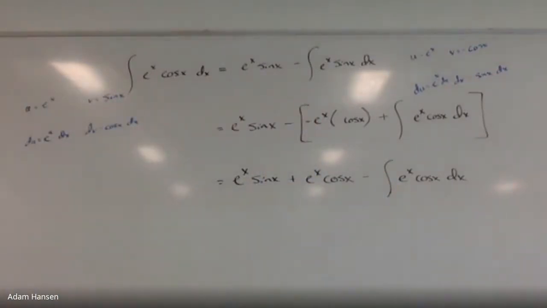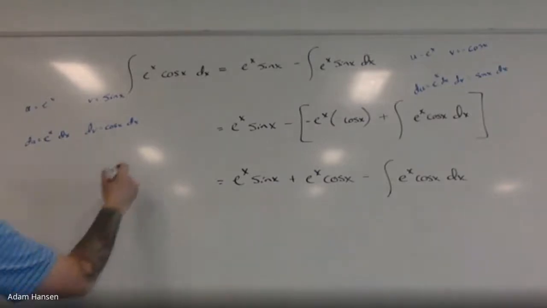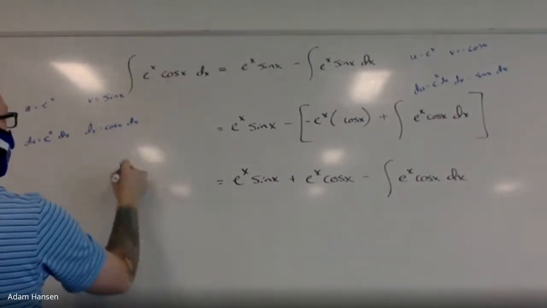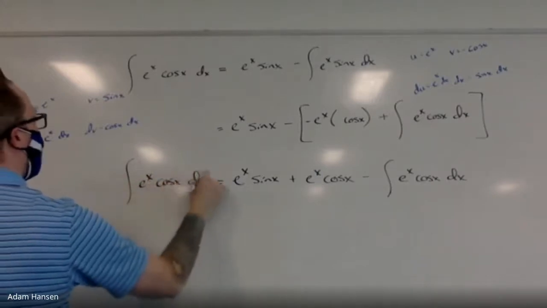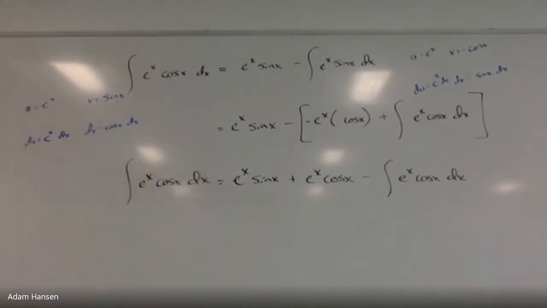Any thoughts before I kind of spoil it for you? Give you a hint: turn it around with what you have from the left. Well, this is what it's equal to.